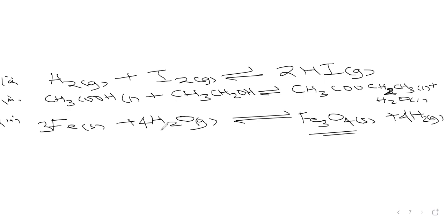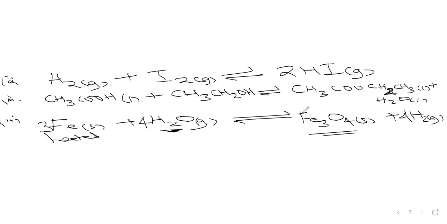Usually iron reacts with steam when heated, because this should be heated. It reacts with the steam to form tri-iron tetraoxide and hydrogen gas. All these are forward reactions. You may think of very many others, but these are the examples I can have for now.